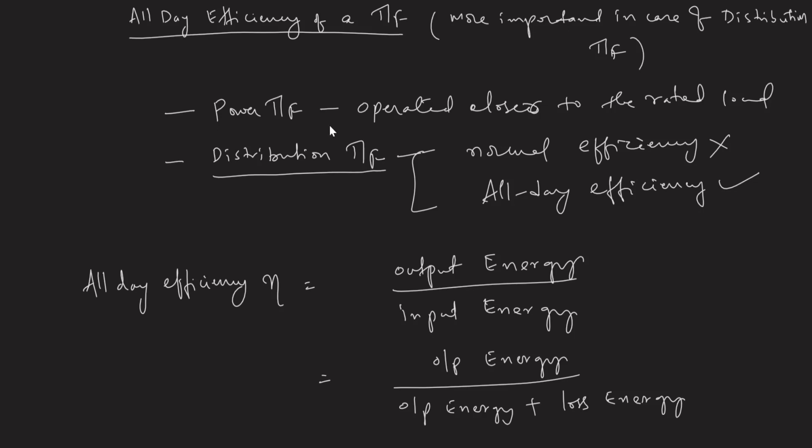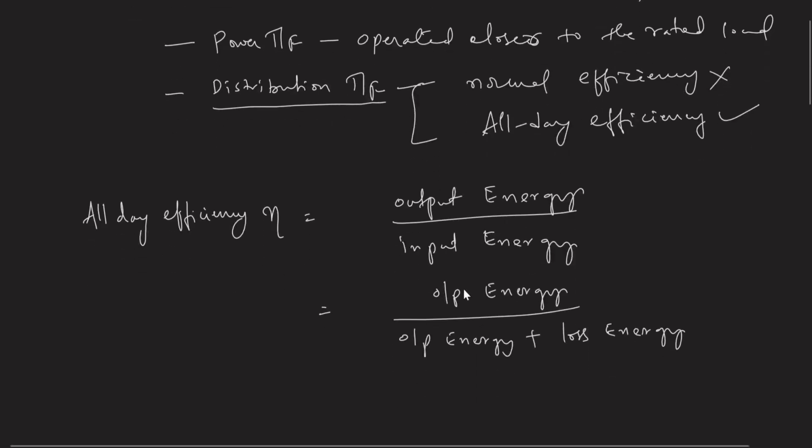So what is the difference between energy and power? Power is measured in kilowatts and energy is measured in kilowatt hours. So if you multiply by the time in hours, you get the energy.